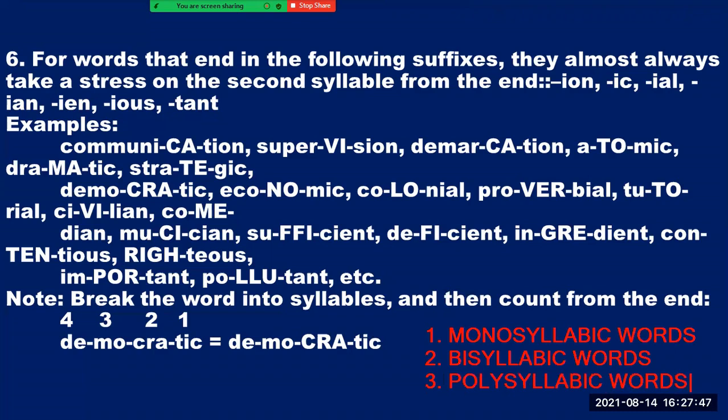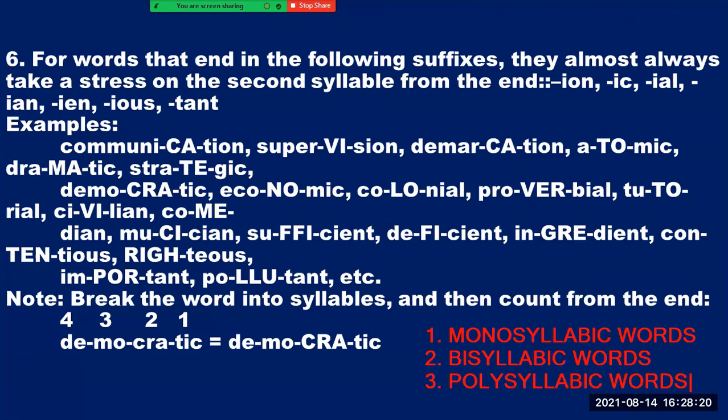So we have these 3 types of words in terms of the number of syllables they contain. Stress in monosyllabic words is determined by the kind of word: you have content words, and you have function or grammatical words. Check my previous video on word stress in English, where all these are explained.